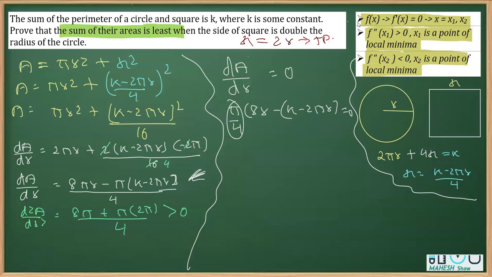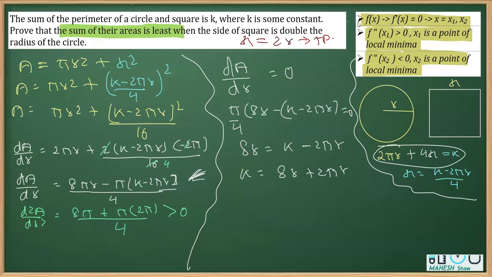On the other side it will be 0. So what we are getting is 8r, on transposing this whole thing to the other side, we'll get k minus 2 pi r. And if I isolate k, I'm getting 8r plus 2 pi r. Now what next? We are going to plug in k over here so that we get the relation between r and h.